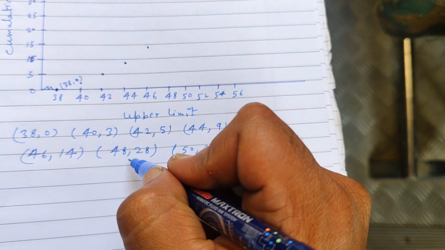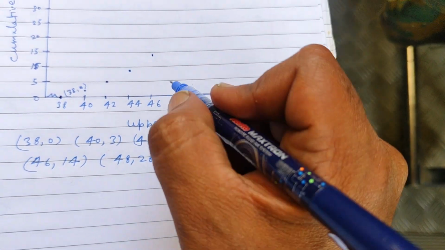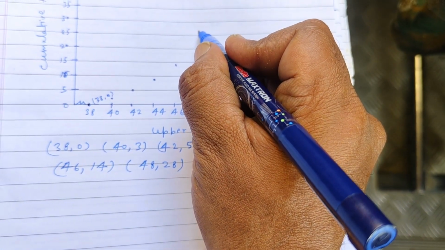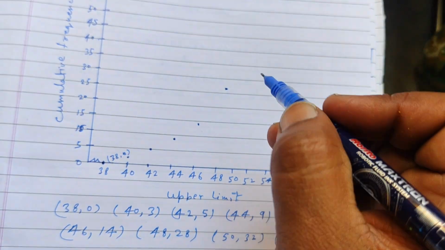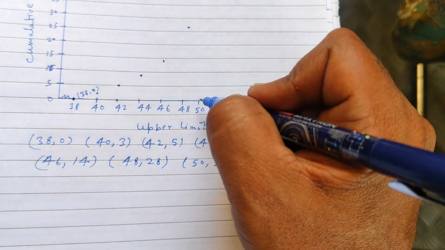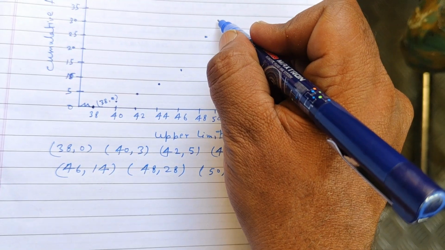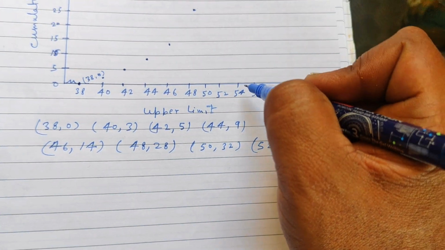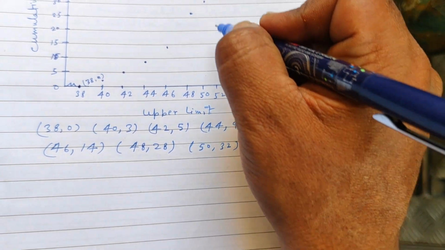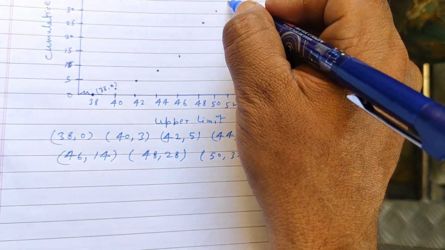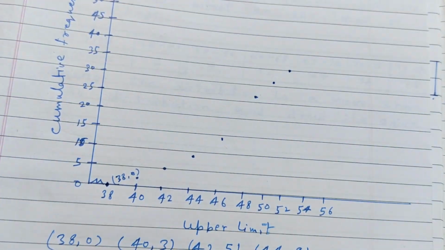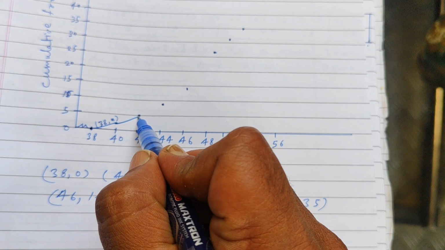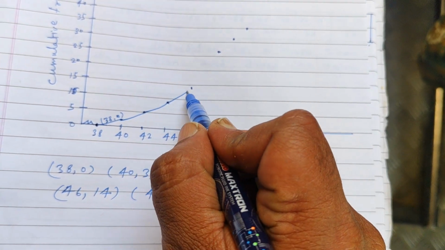And 48 to 28 is this point, 50 to 32 is this point, and 52 to 35 is this point. So we make the graph from this number to this number to this number.